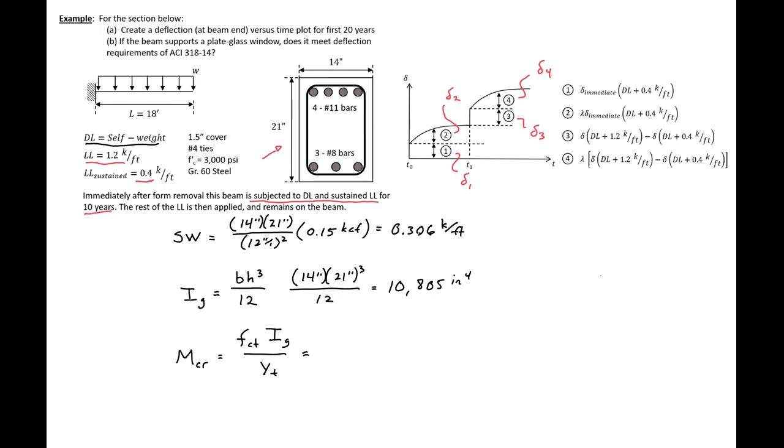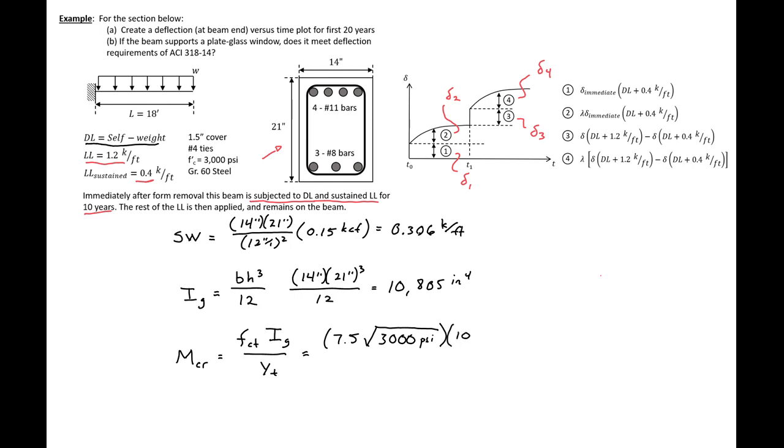We can next calculate our M cracking. So our M cracking is our f_ct, the tensile strength of our concrete, 7.5 root f prime c, 3,000 psi. Remember, in ACI expressions we use psi under our square root.